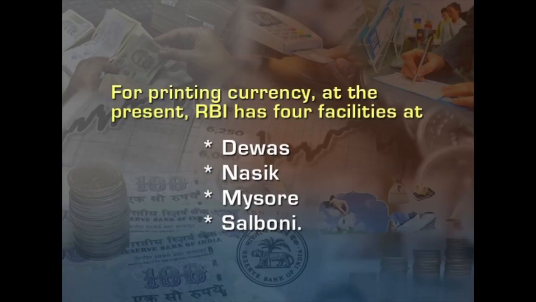RBI also works to prevent counterfeiting of currency by regularly upgrading security features of currency. For printing currency, at the present, RBI has 4 facilities at Devas, Nasik, Mysore and Salboni.